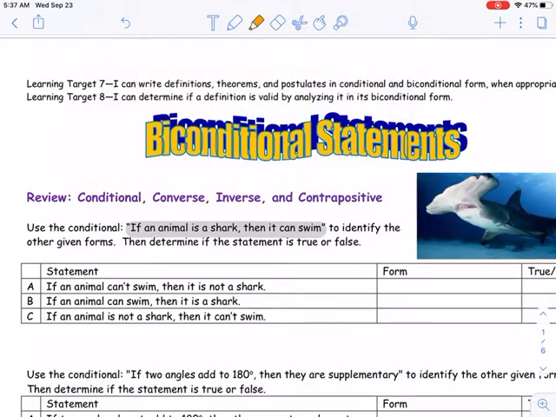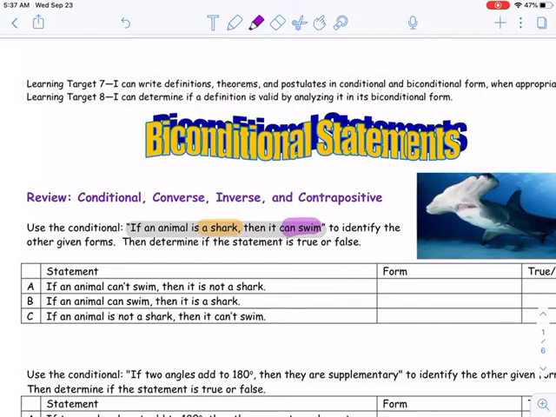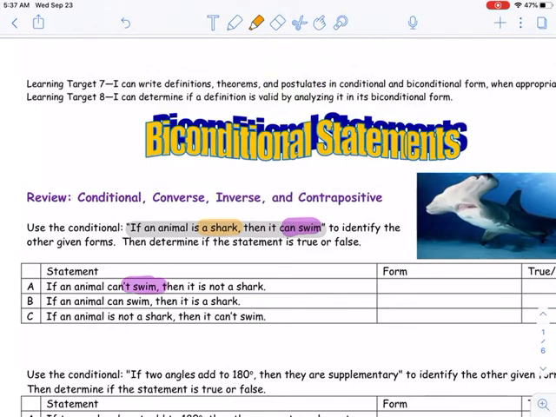Alright, so shark is the hypothesis, the conclusion is swim. So let's just dive into it. If an animal can't swim, so swim's in the front now, then it is not a shark.